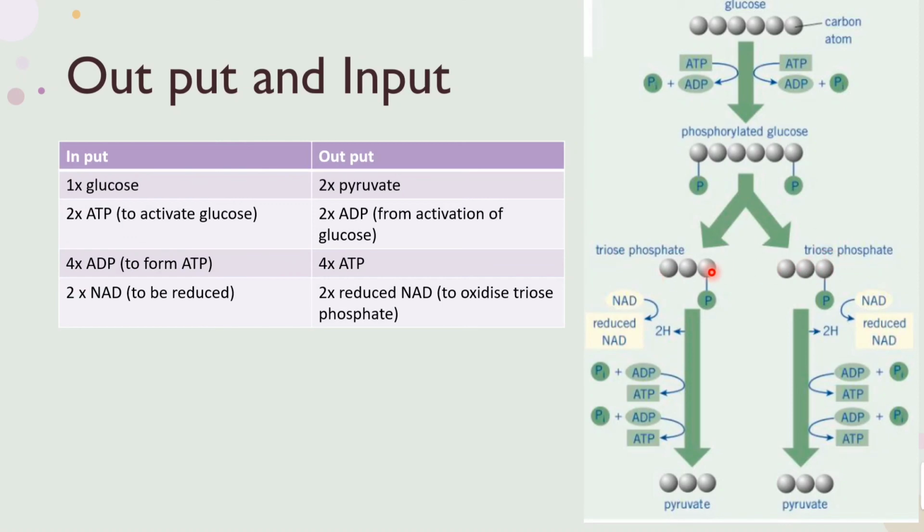Our 2 triose phosphate molecules are oxidized by losing hydrogens, which are picked up by our NAD, and this produces reduced NAD. And so then our triose phosphate molecules can go on to be converted into pyruvate via enzyme-controlled reactions. And during these enzyme-controlled reactions, we produce 4 ATP molecules via the phosphorylation of ADP.